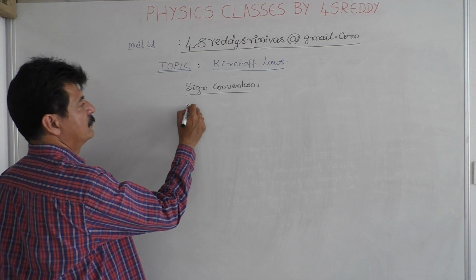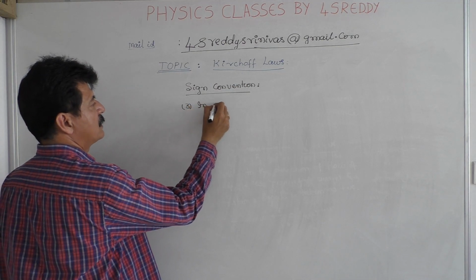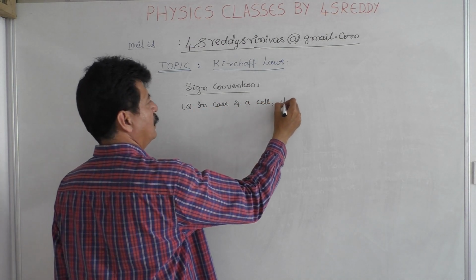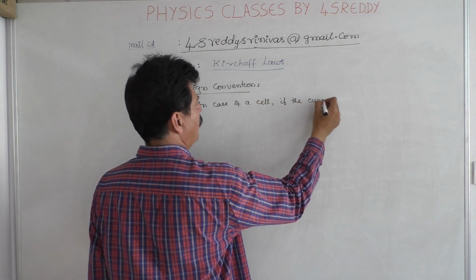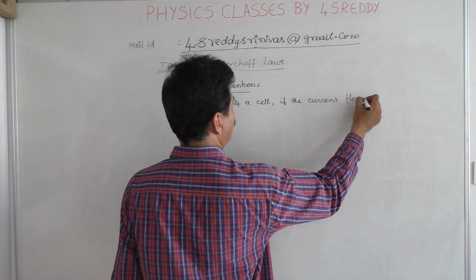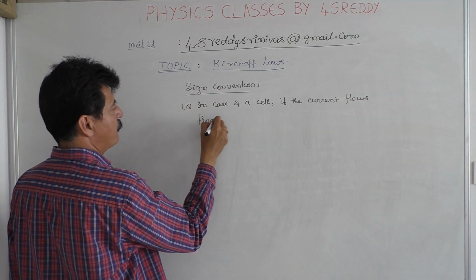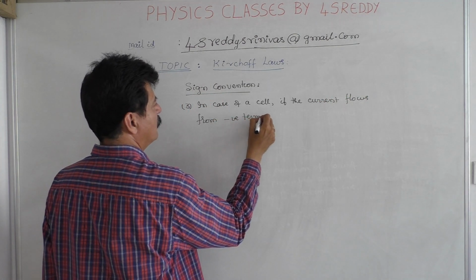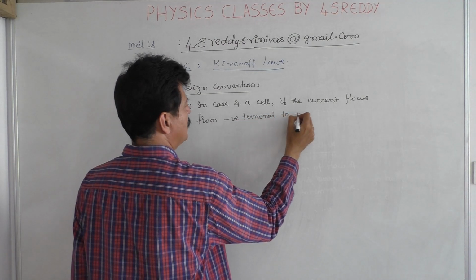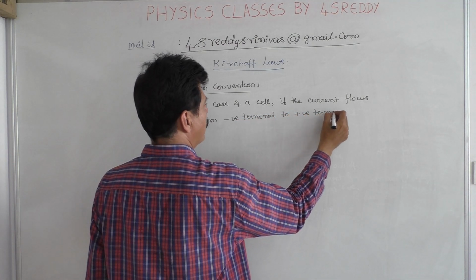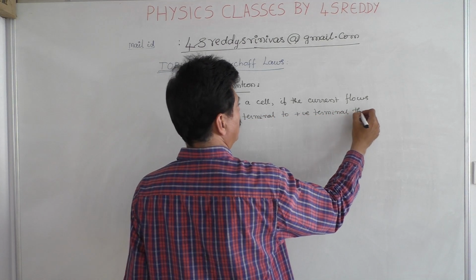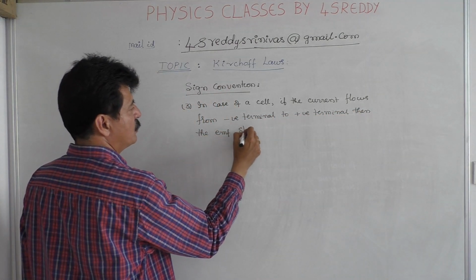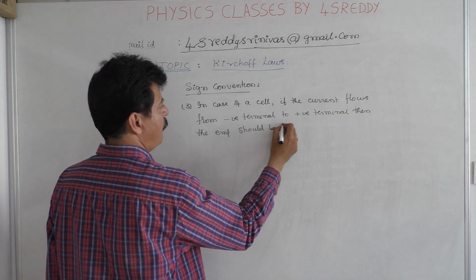third one, in case of a cell, if the current flows from negative terminal to positive terminal, then the EMF should be taken as positive.